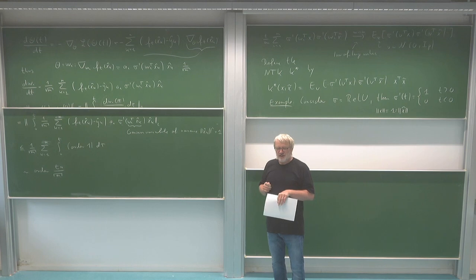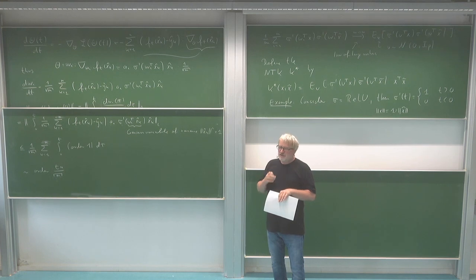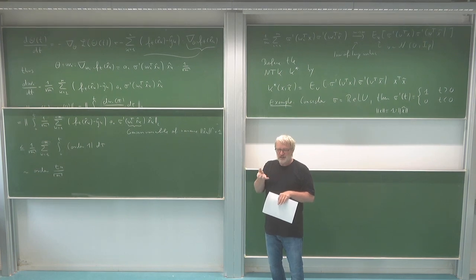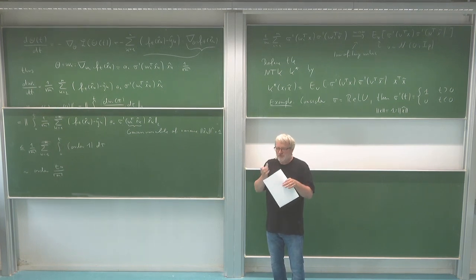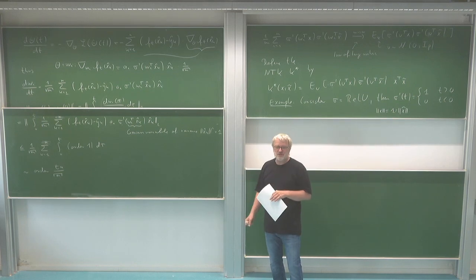So essentially we do an initialization, we get some weights, and then we train them, but essentially we always stay very close to where we started. The kernel which we calculate is more or less the kernel which we had at the beginning. So in a finite situation there is a small change, but not much, and in the limit, in principle, nothing is changing anymore.